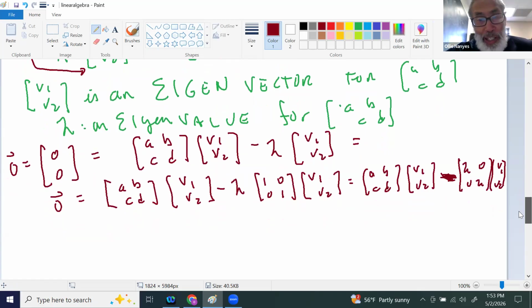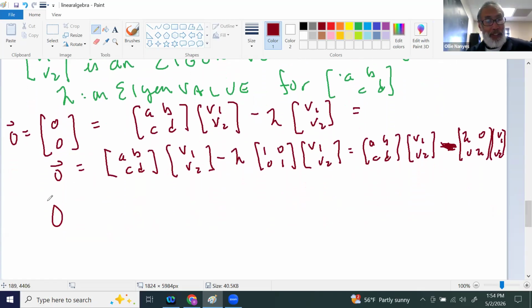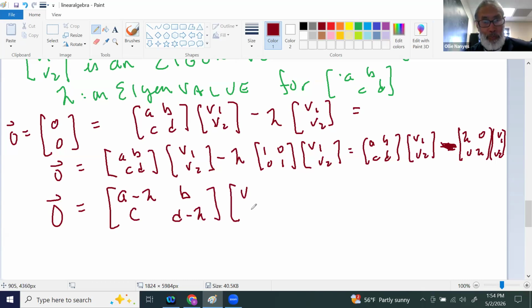So that does make sense. So what I now have is a 0 vector equal to, look, you're just taking this along the diagonal, and you're solving here. Now, that's the first thing.